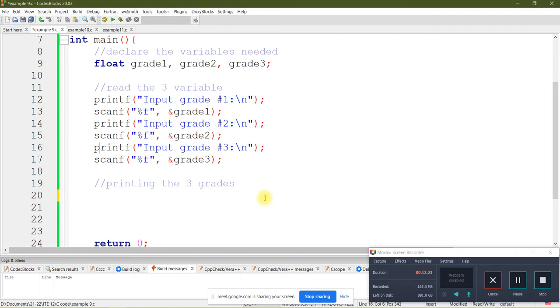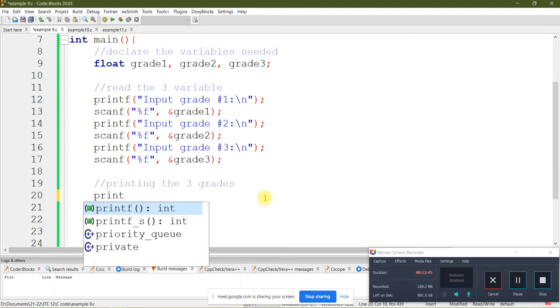Maybe because you forgot the ampersand, or maybe because instead of percent F, you put percent D. Okay, so it is important for debugging purposes to make sure the values inputted in the variables are correct.